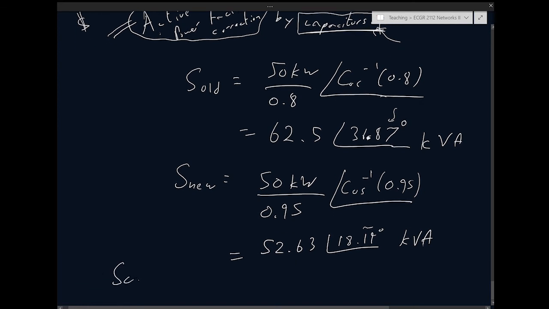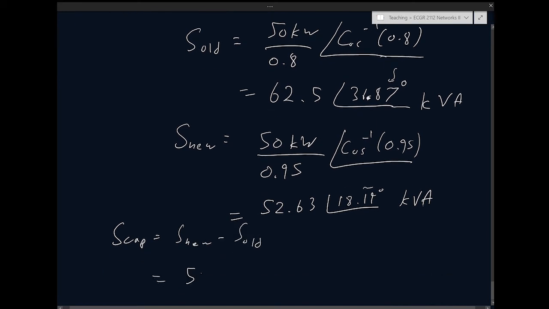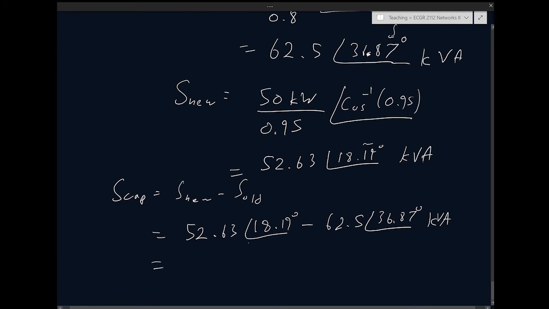So now S cap is just S nu minus S old. So this is going to be 52.63 at 18.19 degrees minus 62.5 at 36.87 degrees kVA. Then I do my conversion from polar to rectangular and sum those two complex numbers. When I do that, I get a very small number, 0.000 something, so it's zero pretty much.